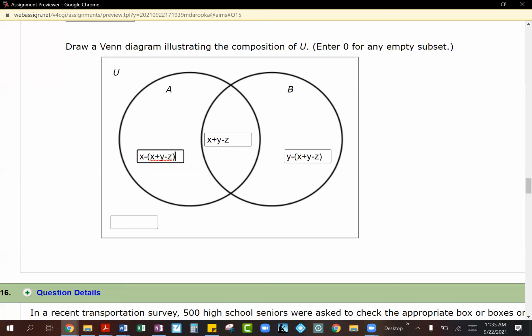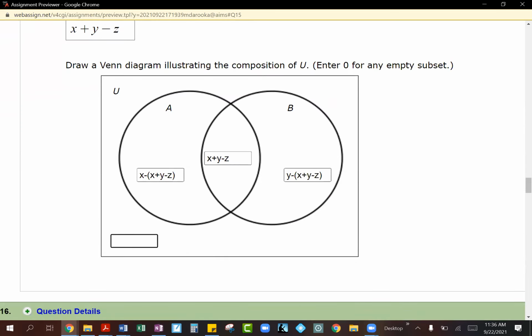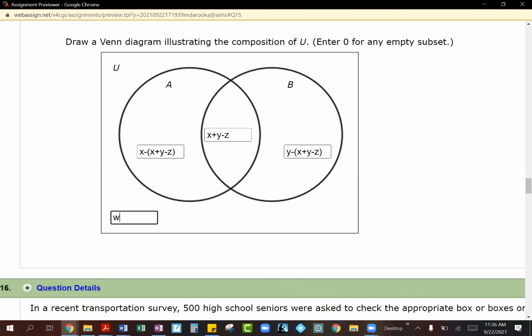And then you've got one last one over here, guys, with this universal on the outside. And the cardinal number for the universal is W. But, of course, W means everything that's inside the rectangle. So how will you modify this outer portion?